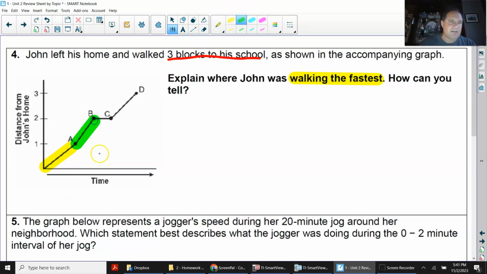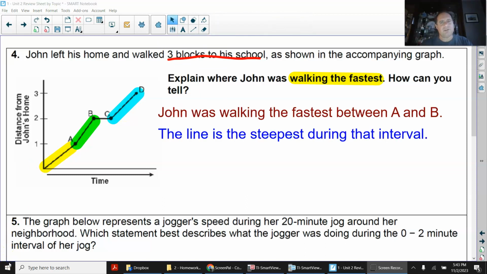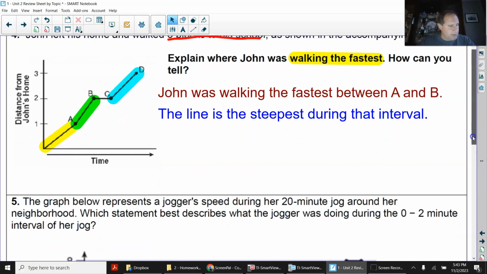Then from here to here, that's steeper. So A to B is definitely steeper. And then, now just take a look at those lines. And definitely from A to B, John was walking the fastest. John was walking the fastest between A and B. The line is steepest during that interval, which means his rate is quicker.